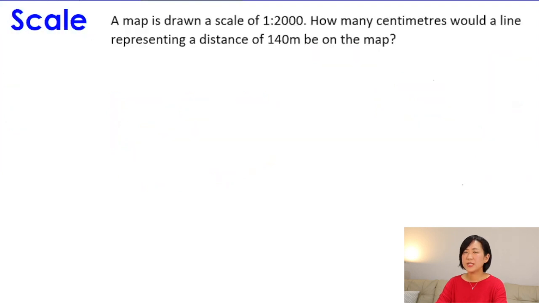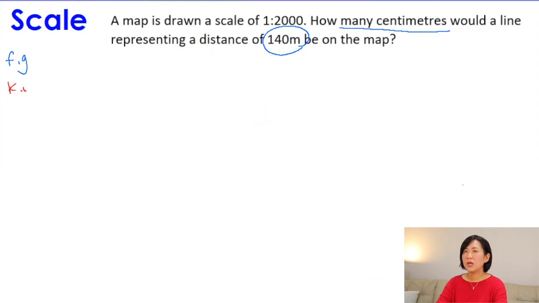So this question is about the map scale. A map is drawn on a scale of 1 to 2000. How many centimeters would a line representing a distance of 140 meters be on the map? Let's think about our final goal: finding how many centimeters will represent the real distance of 140 meters.